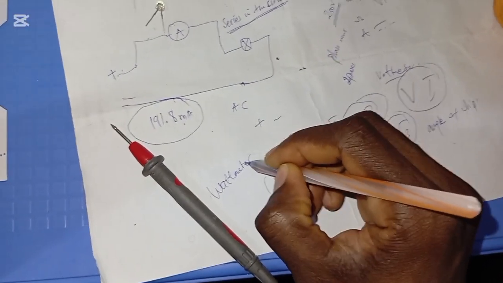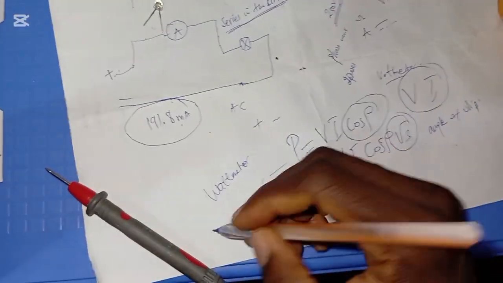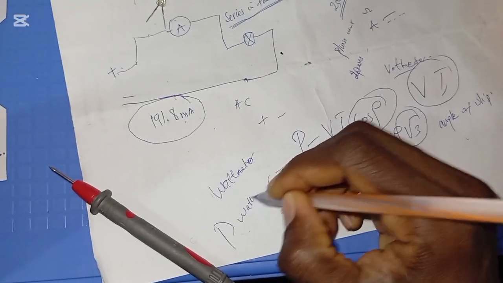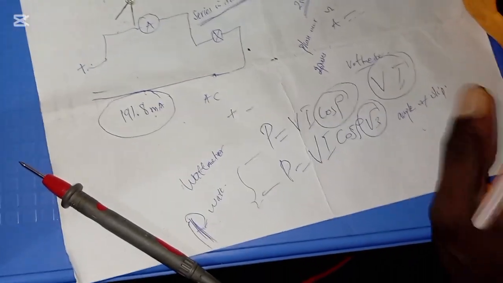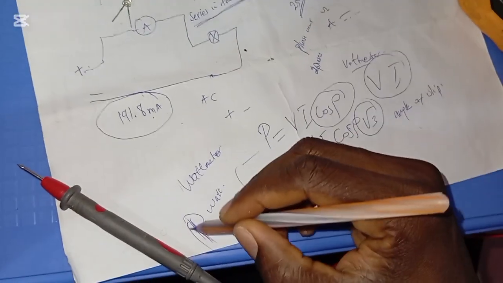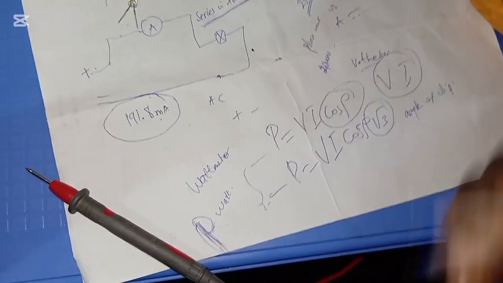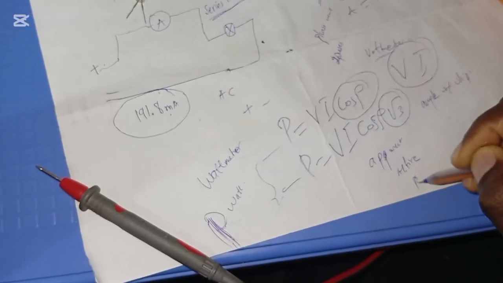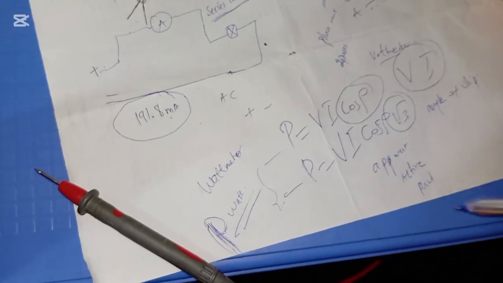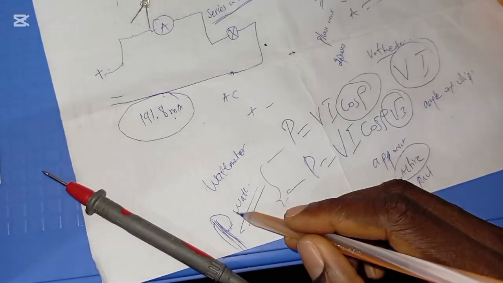So power is normally in watts, and I don't want to go into details on this. We have 3 types of power: apparent, active, and reactive. This one is normally active power, in watts. Then apparent power is S, in VA, volt-amps.